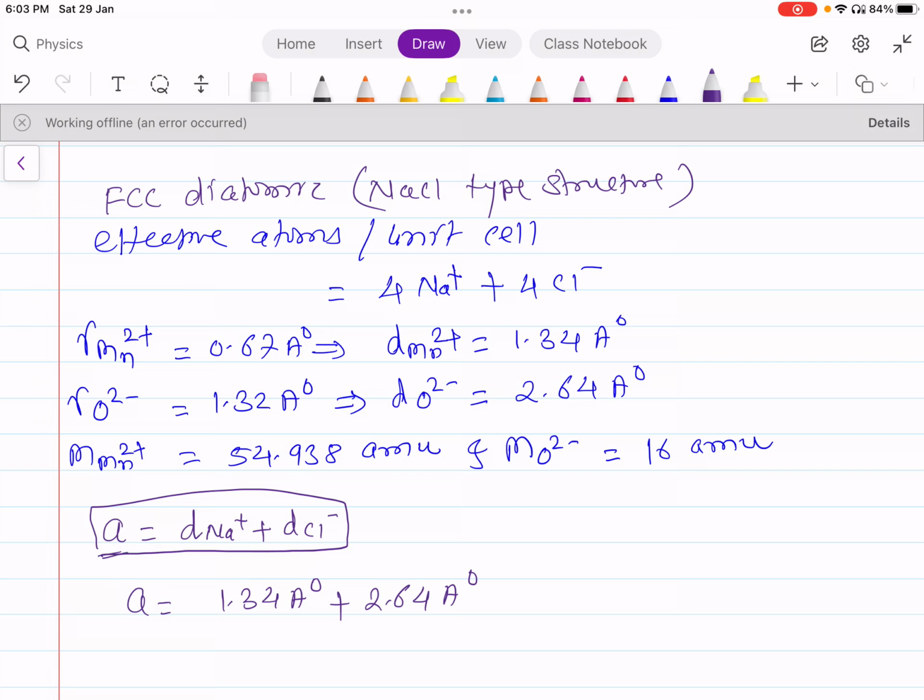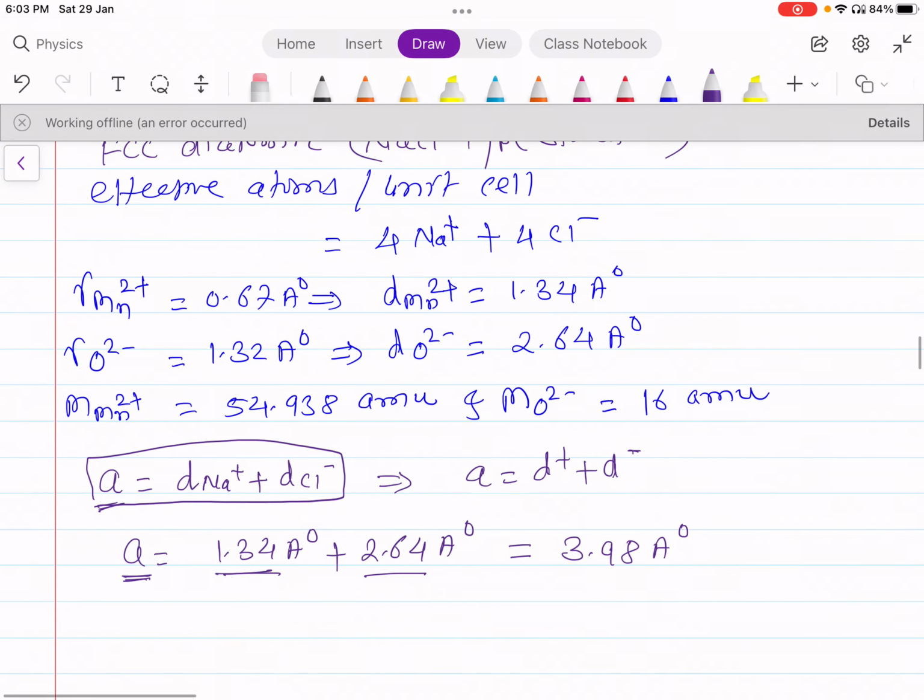In general you can write a equals diameter of positive ion plus diameter of negative ion, and the sum is 3.98 angstrom. So we got the lattice constant a equals 3.98 angstrom.